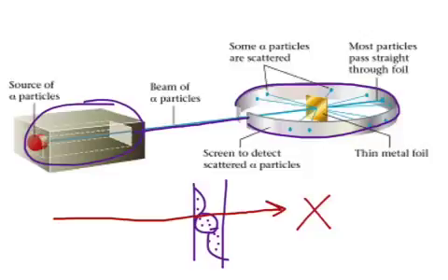And he had a detector all around his gold foil. You could see the gold foil right here in the middle of the detector. And he went ahead and shot those alpha particles, or that radiation, and something really crazy happened. Not only did he see radiation on the other side of the gold foil, but there was some radiation that was actually shot back at him.